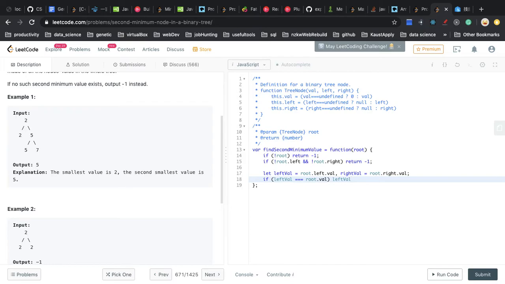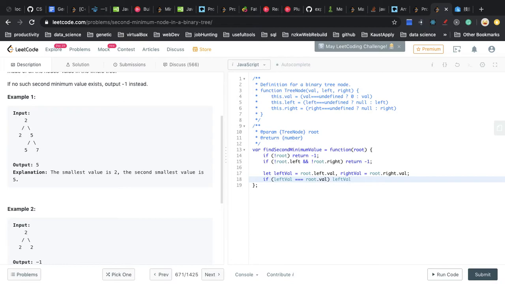If you follow the chain, you will find out the current node value will always be the same as the value of the root node.